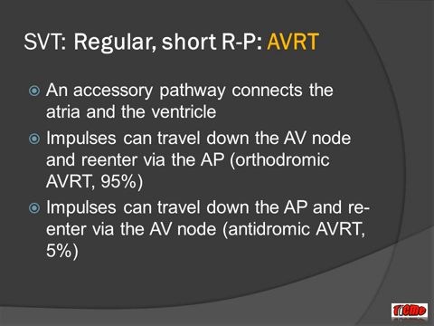Now, impulses can travel down sometimes the accessory pathway but re-enter via the AV node, and this is opposite to normal, so this is known as antidromic AVRT, and that's about 5%. And we'll have a look at the particular sort of antidromic AVRT known as WPW a little bit later.